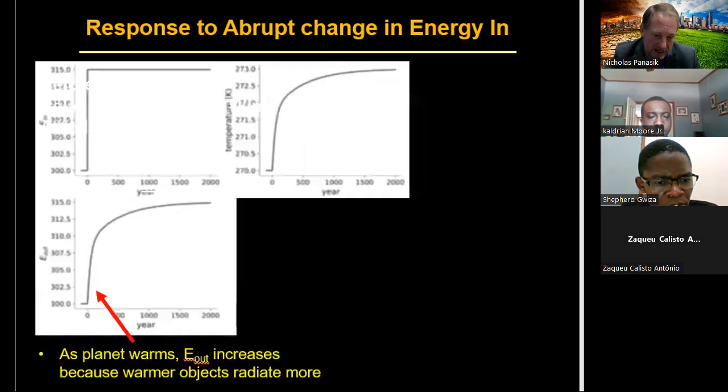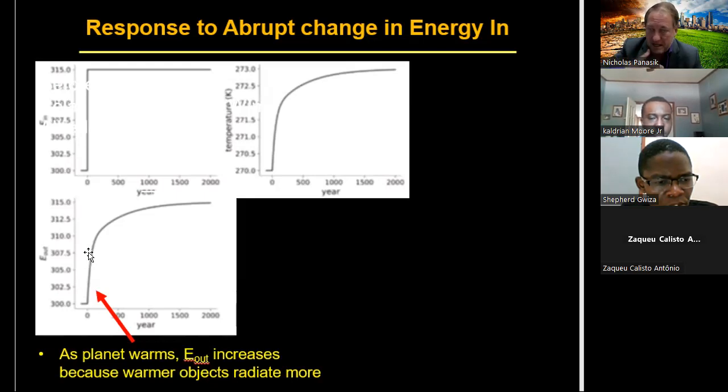Now, if we were to look at energy out, we saw that the energy out before was at 300. That was before the sun got brighter. As it starts to accumulate energy, the energy out is also going to start increasing.